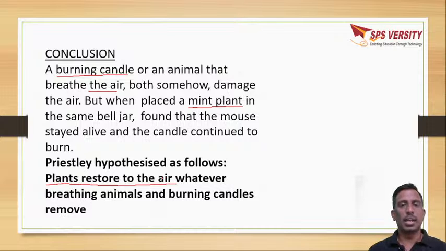Indirectly, the plant takes in carbon dioxide and releases oxygen. It purifies the air. So plants restore the air required for breathing animals and burning candles, which is released from these two.